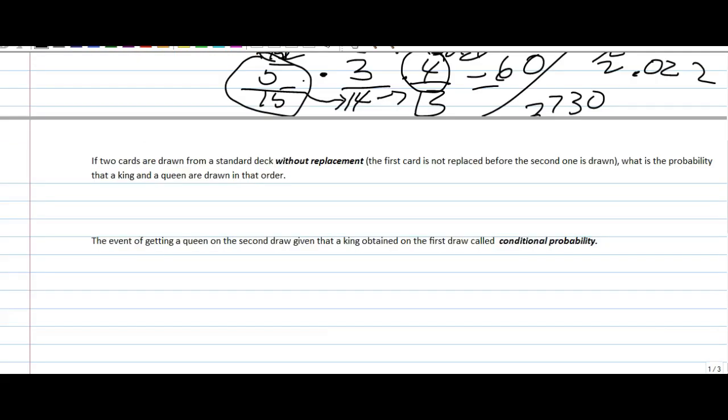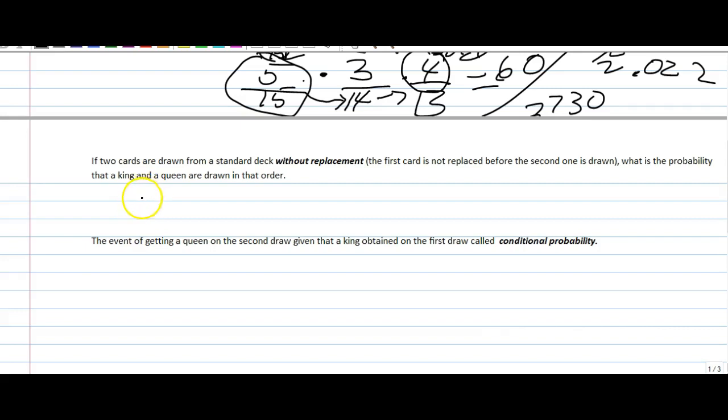Again, the main distinction here between the independent and dependent events is that with the independent events, replacement has occurred, whereas with the dependent events, replacement has not occurred.